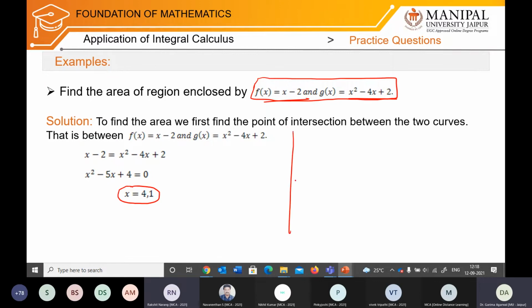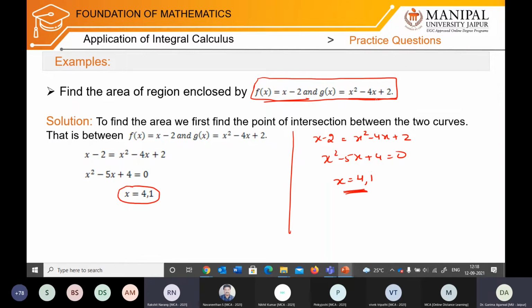I equate both equations: x minus 2 is equal to x square minus 4x plus 2. After simplification I get a quadratic equation, and solving for the roots I get two values of x, that is 4 and 1. So these are the intersection points of these two curves.